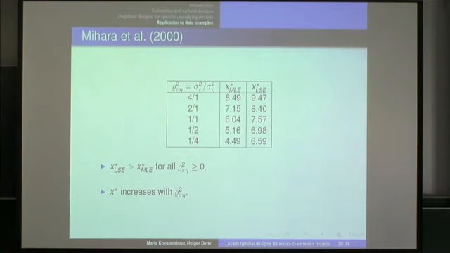So as it was shown from our theoretical results, the x star for least squares estimation is always larger than the corresponding one for maximum likelihood estimation, and x star increases with the rho value. So as the ratio of the variances increases, then the design moves further away from point 0.